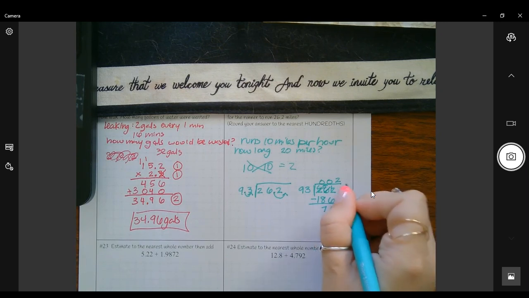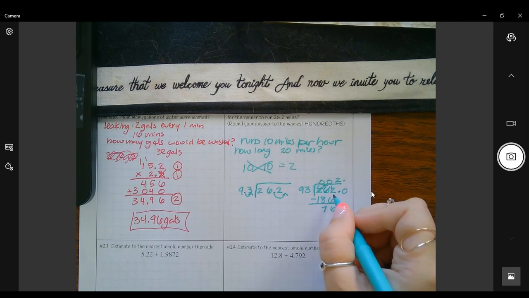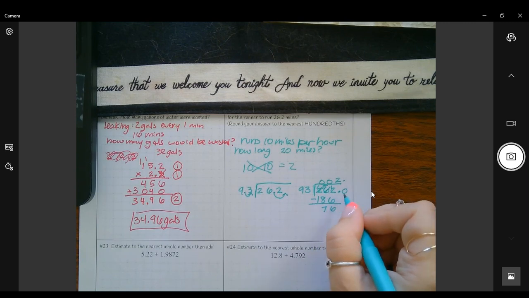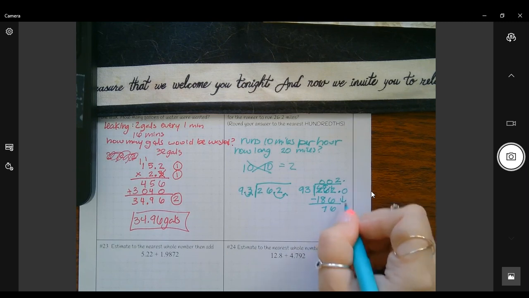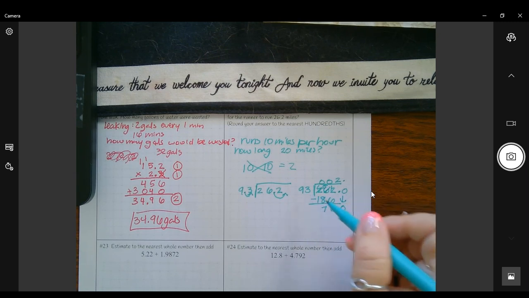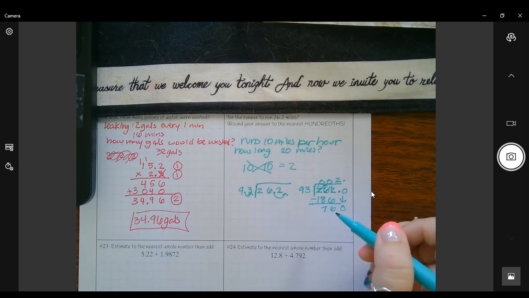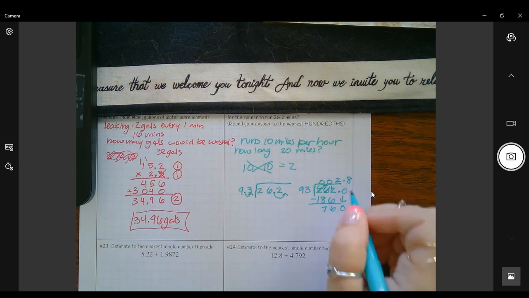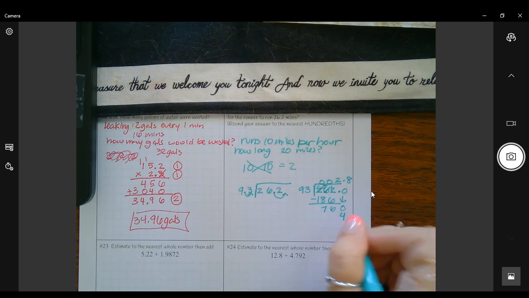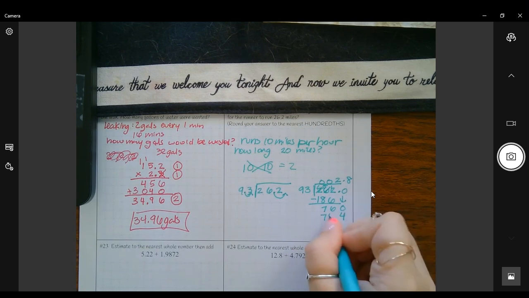So let's just add a decimal and a 0 because 262 is the same as 262.0. So now I can just bring that number down, and now I can do 93 into 760. 9 goes into 76 8 times, so let's see if 8 works. Not, we can just go smaller. 74, 72, 74. Okay, it worked.